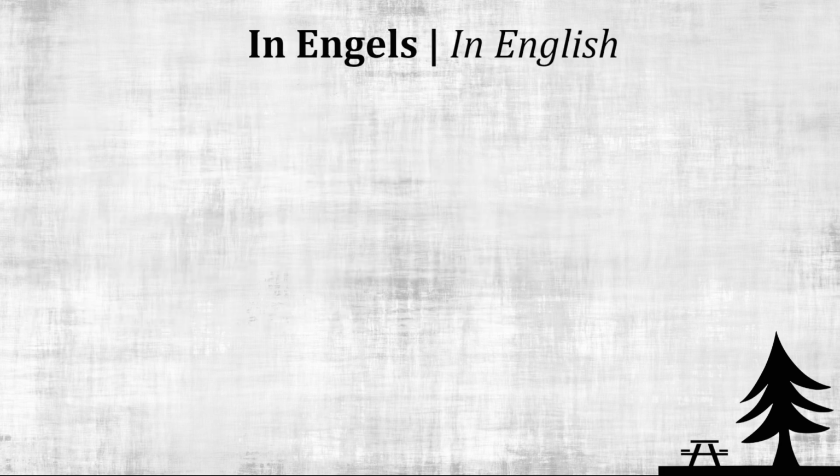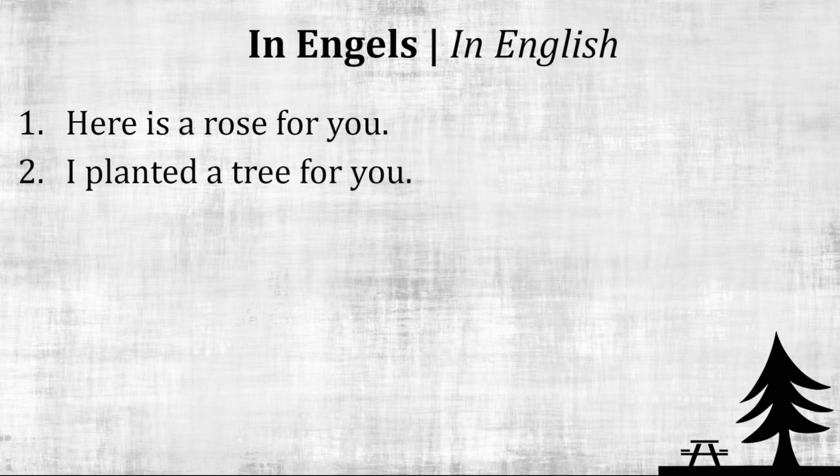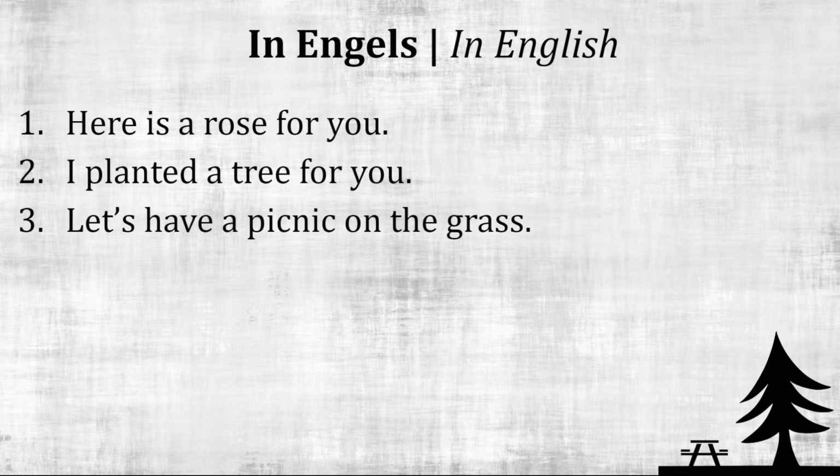And here's the English. First one, here is a rose for you. Hier is 'n roos vir jou. I planted a tree for you. Ek het 'n boom geplant vir jou. Let's have a picnic on the grass.